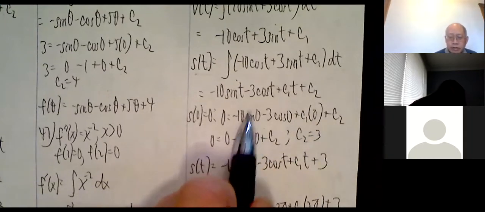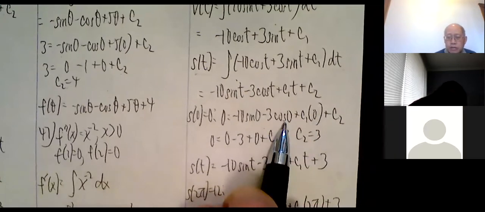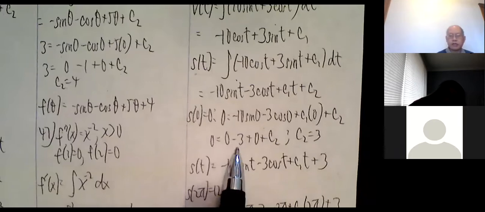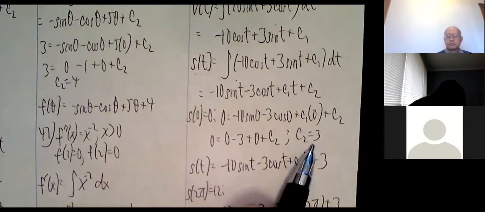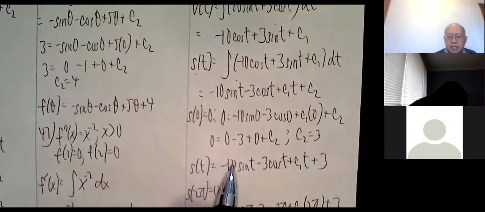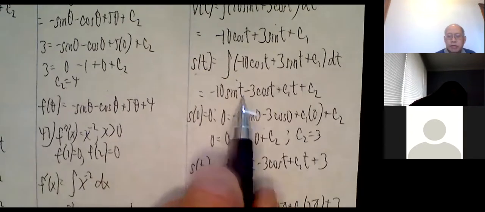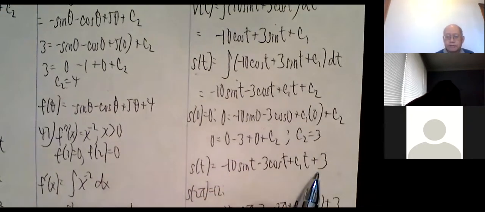Sine of 0 is 0, that's nothing. That's nothing. But the cosine of 0 is 1, so negative 3 goes there. So that means c2 is 3. So I now know S of t is negative 10 sine t minus 3 cosine t plus c1 t plus c2, which is now 3.